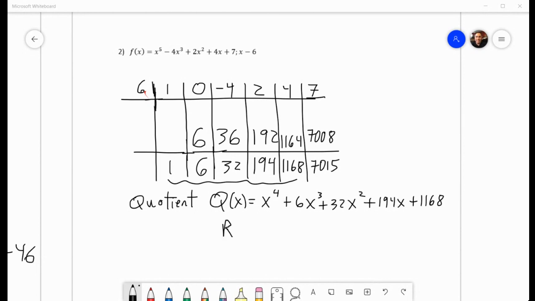And the remainder, of course, let me just move it over to be consistent. The remainder is just that constant, 7,015. So that's what we get here. Are there any questions on this?